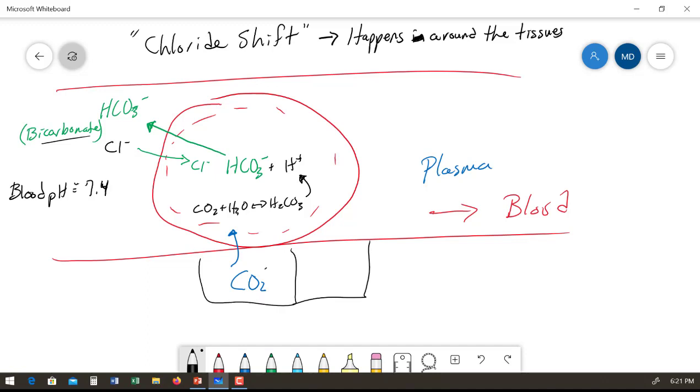Maybe these are liver cells that are creating all this carbon dioxide. So this chloride shift that's taking place here is taking place at the cells of the body. So not at the lungs. I'm trying to make that clear. It's happening at the cells. That's where this chloride shift happens.